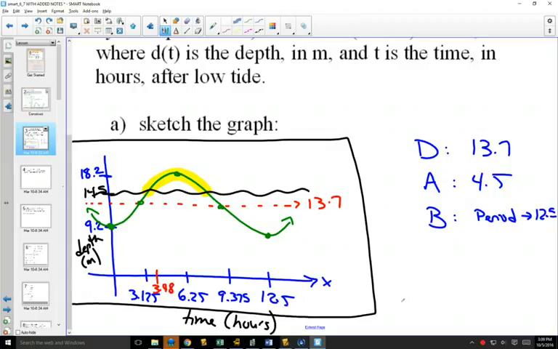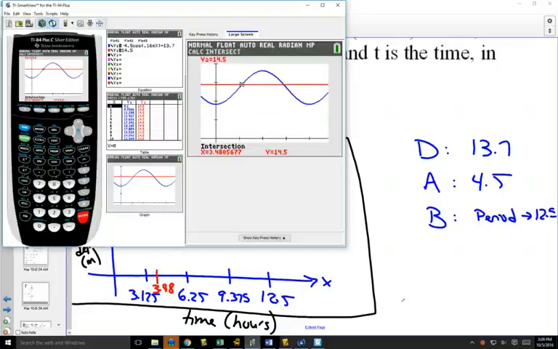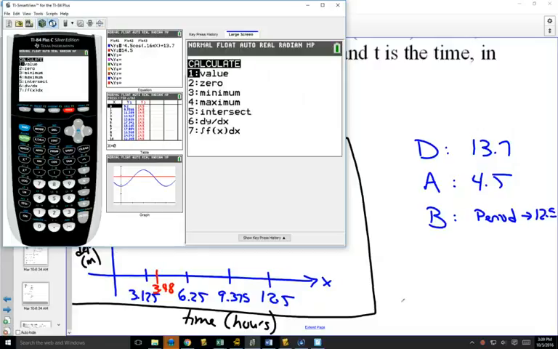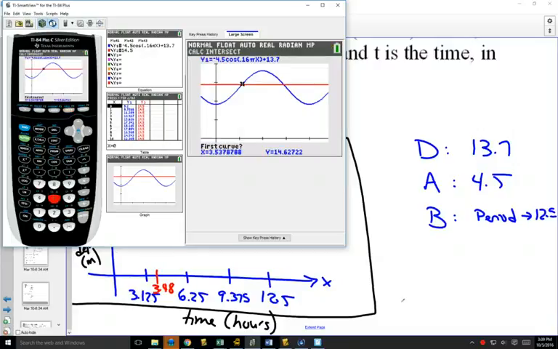So we just found that first intersection point. If I want to find the second intersection point, I go through that process again: second, then calculate, number 5, the intersection. But now I need to move my cursor over until I'm closer to the second one.